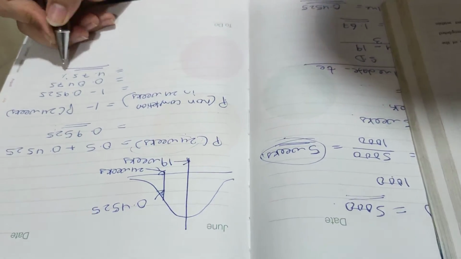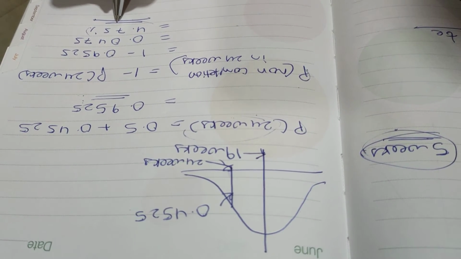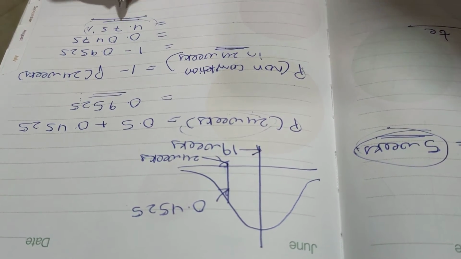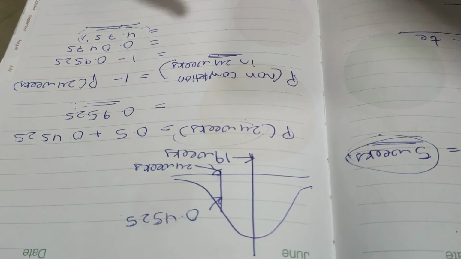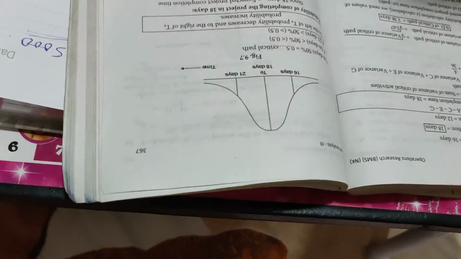This means that there are 4.75% chances that the project will not be completed in 24 weeks, and this is the same chance that they might get the penalty more than 5000. Next question, here it is.